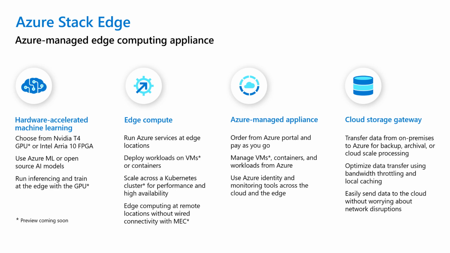It can be used as a cloud storage gateway where you transfer your data from on-premises to Azure for backup, archival, or cloud scale processing. You can also optimize the data transfer using throttling and local caching. And when you have a network disruption, you don't have to worry, because the appliance is aware of any disruption happening and it'll process once it restores the connection back to the cloud.